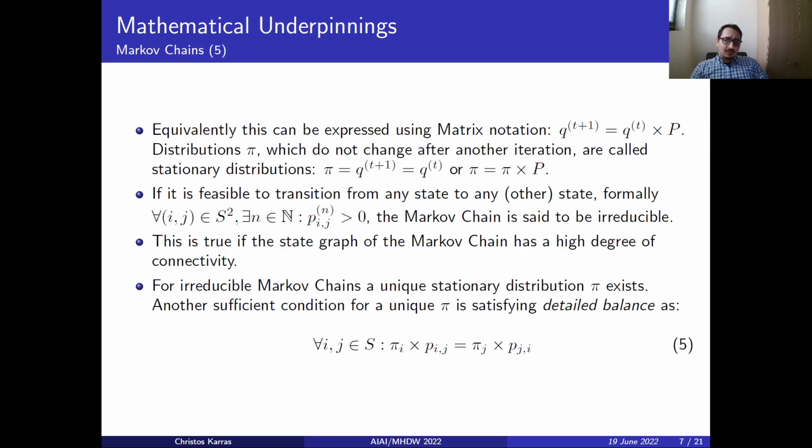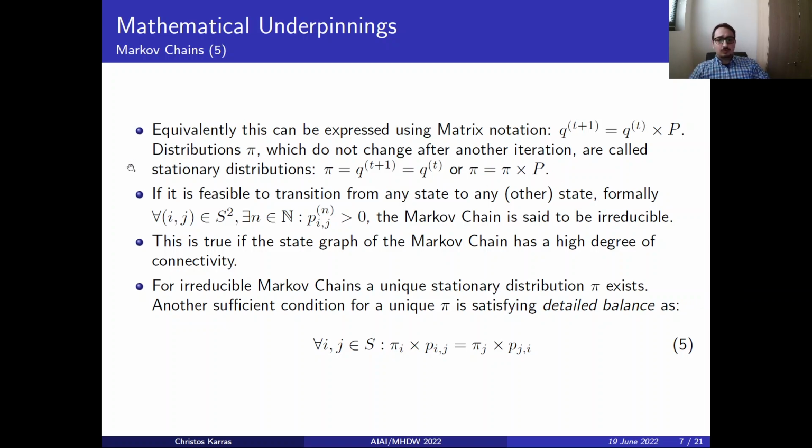Equivalently, this can be expressed using the matrix notation q_{t+1} = q_t P. Distributions that don't change after each iteration are called stationary distributions and are given by that.